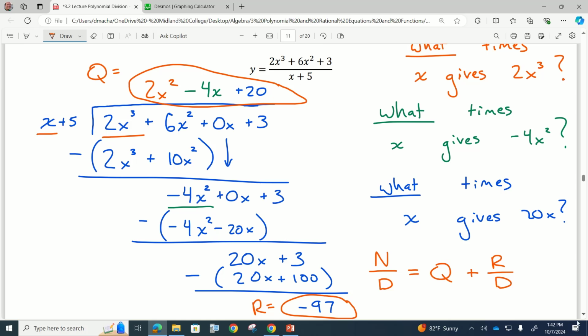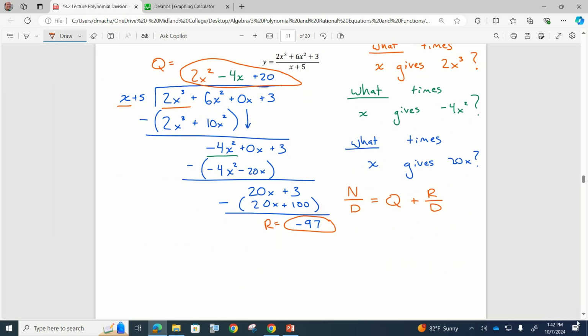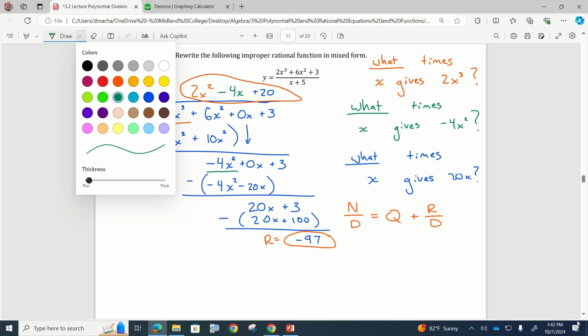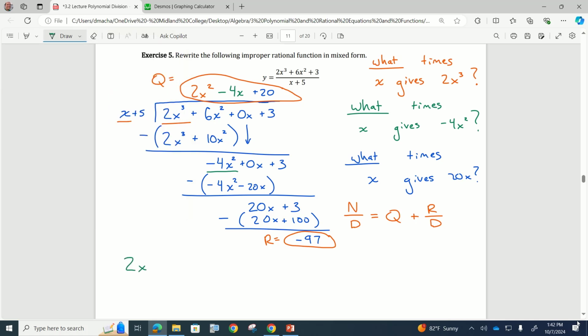And I'm ready to write my answer down. I can write 2x cubed plus 6x squared plus 3 divided by x plus 5 is equal to 2x squared minus 4x plus 20 minus 97 divided by x plus 5.